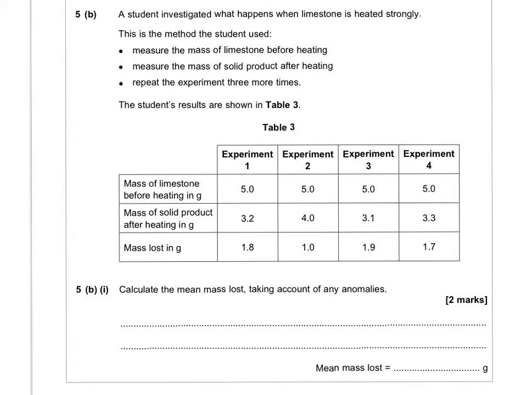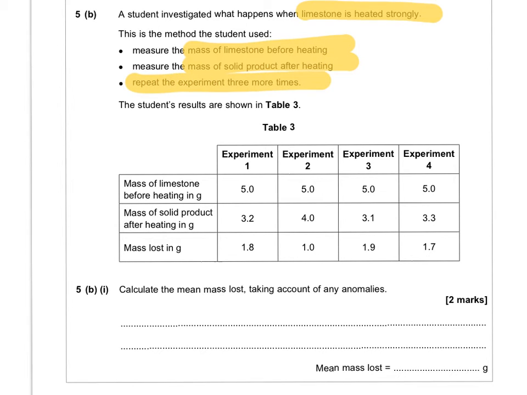Next one, a student investigated what happens when limestone is heated strongly. It's the method used. Measured the mass before, measured after, and repeated. Okay, so we got this. Now it says calculate the mean mass loss, taking account of any anomalies.